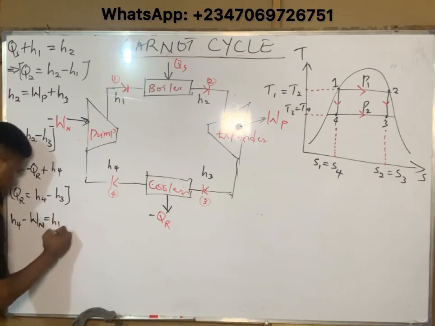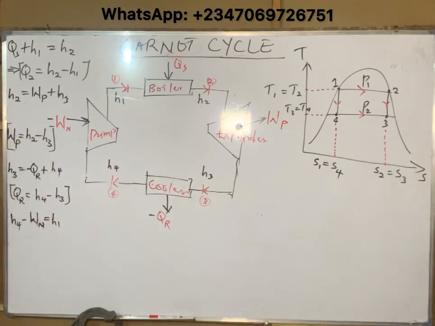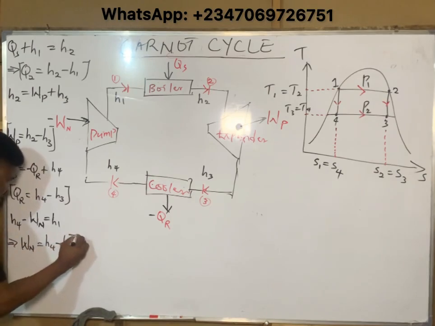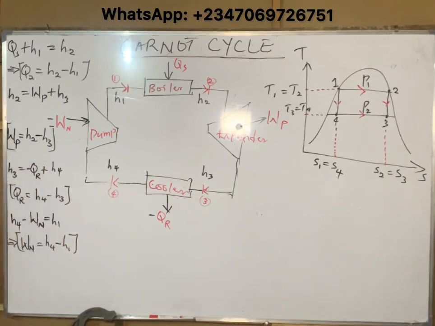So if I make my negative work the subject of the formula, simply send negative work over here and bring H1 over here. This simply implies that my negative work is going to be equal to what? H4 minus H1. So this is the equation for the pump work. Wn, N there for negative. Wp, P here for positive work, which is the expander work.